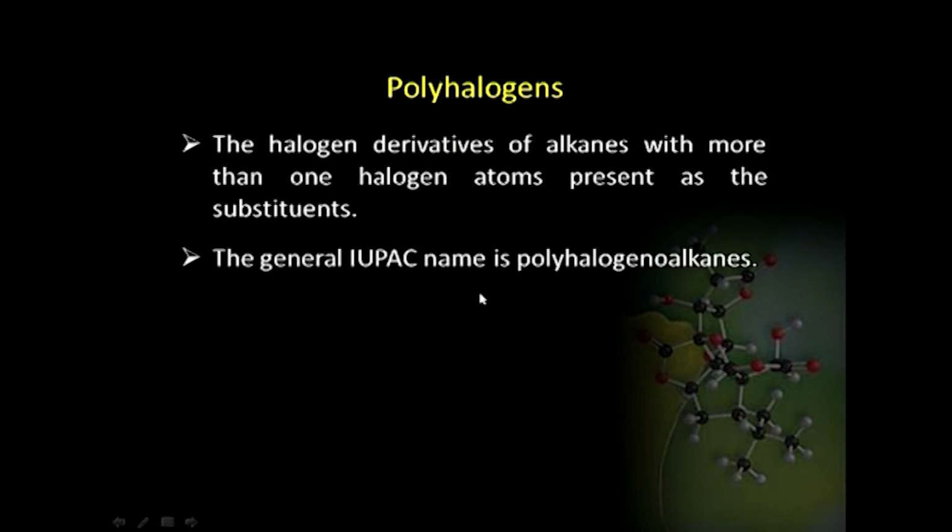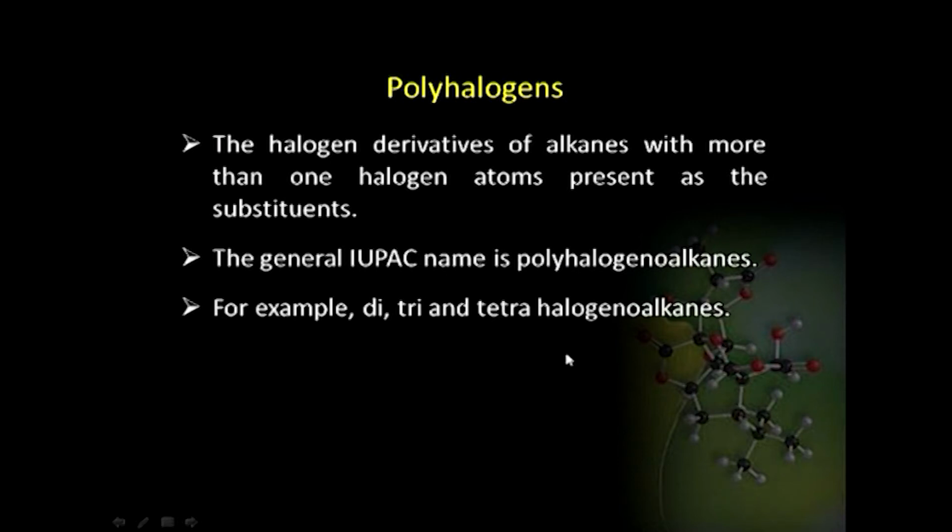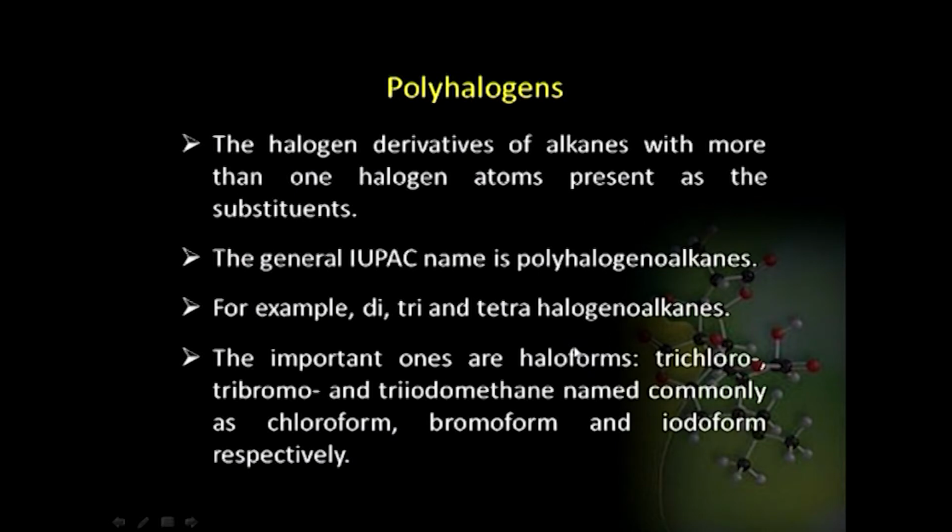They have a general IUPAC name of polyhalogenoalkanes. For example, di, tri and tetrahalogenoalkanes to name in general, and the important ones are haloforms like trichloro, tribromo and triiodomethane, named commonly as chloroform, bromoform and iodoform respectively.